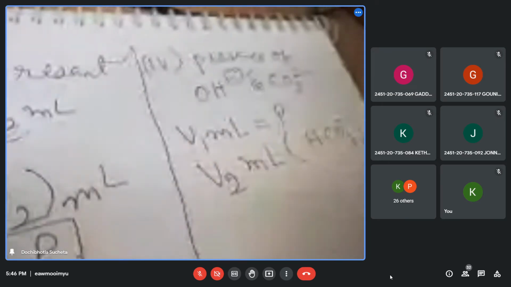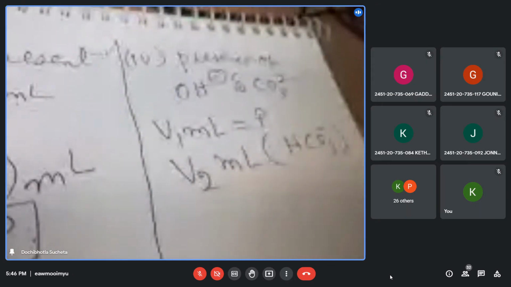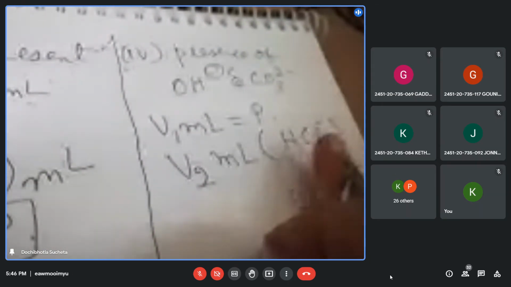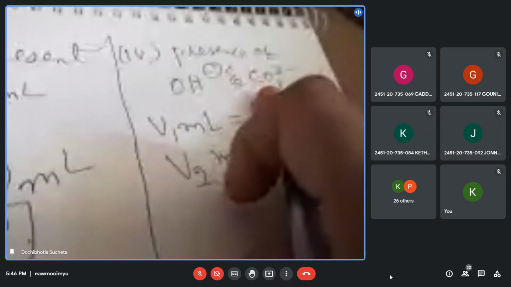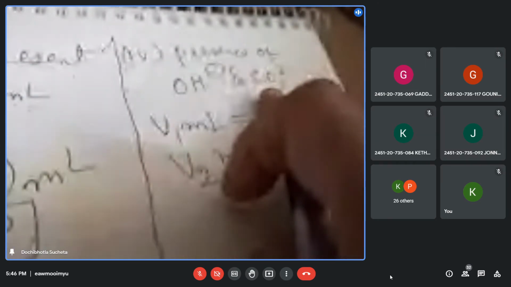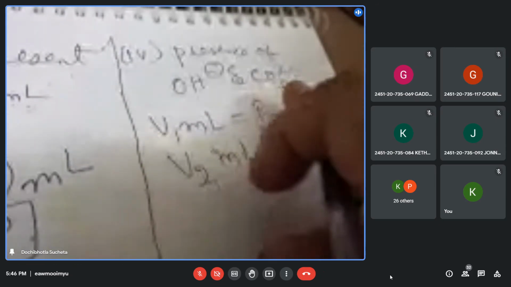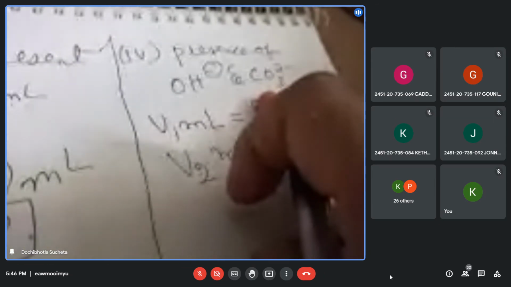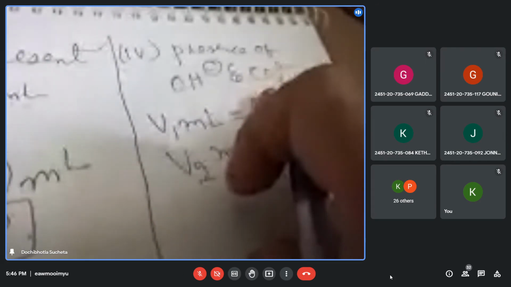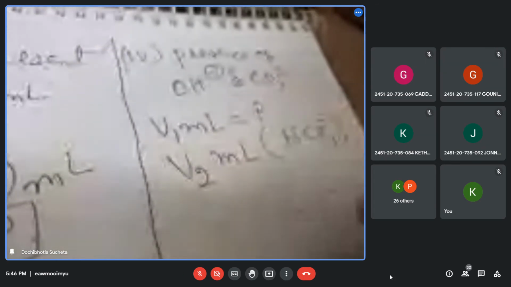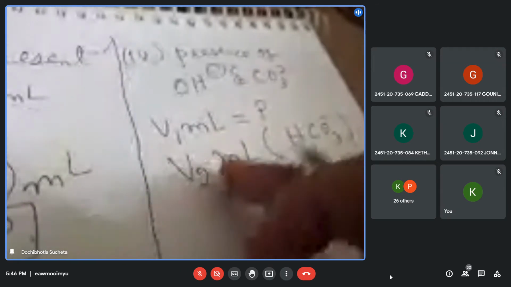What you will understand here is that this bicarbonate that is formed is not originally present in the solution. It came from the carbonate which got half neutralized till the solution turned colorless, or when methyl orange showed yellow color.